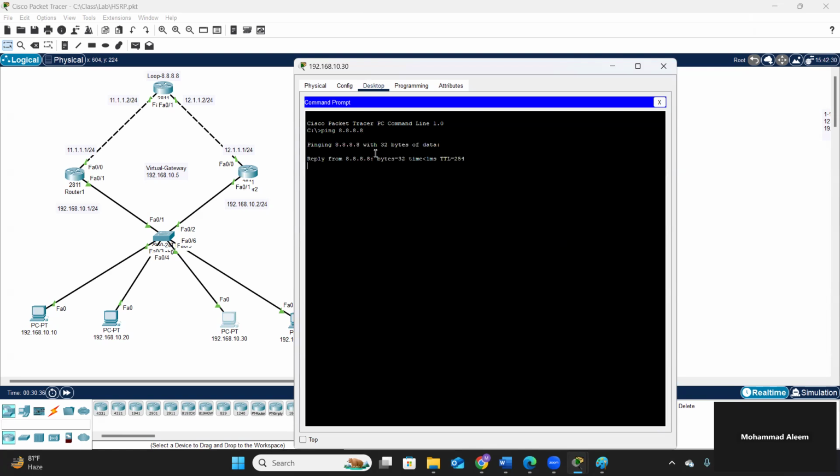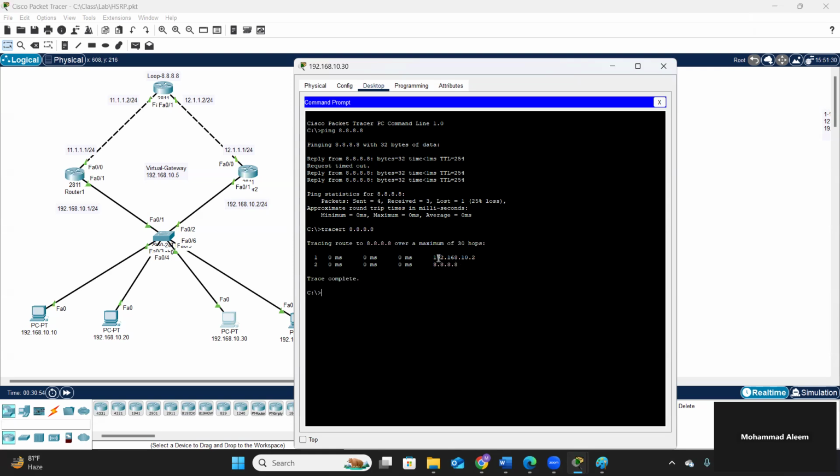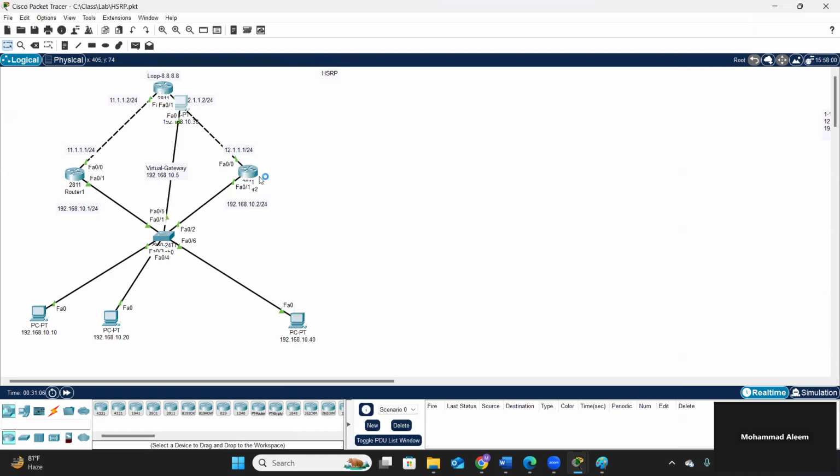Through which router are we able to reach from our source to destination? First we will check: trace route 8.8.8.8. So through 192.168.10.2, because this is the active router.